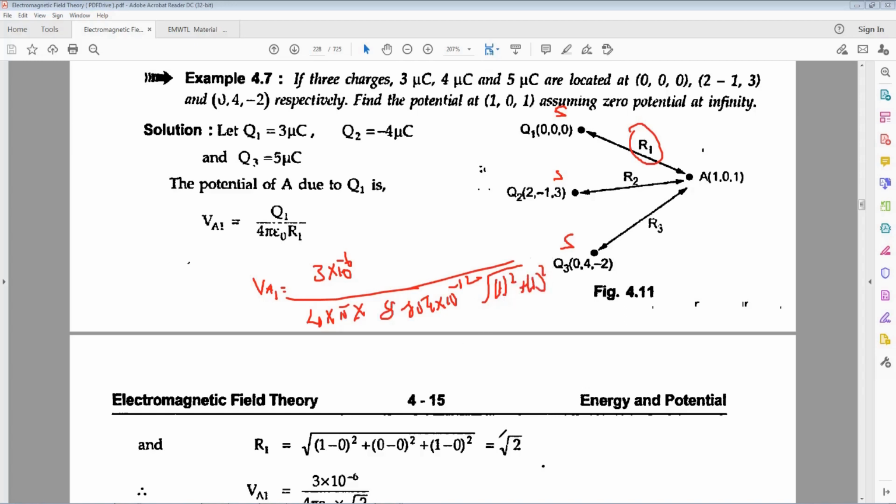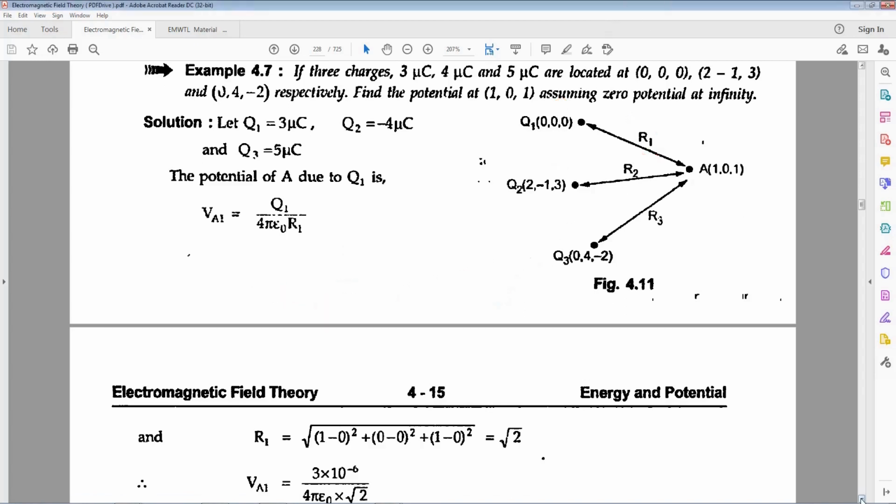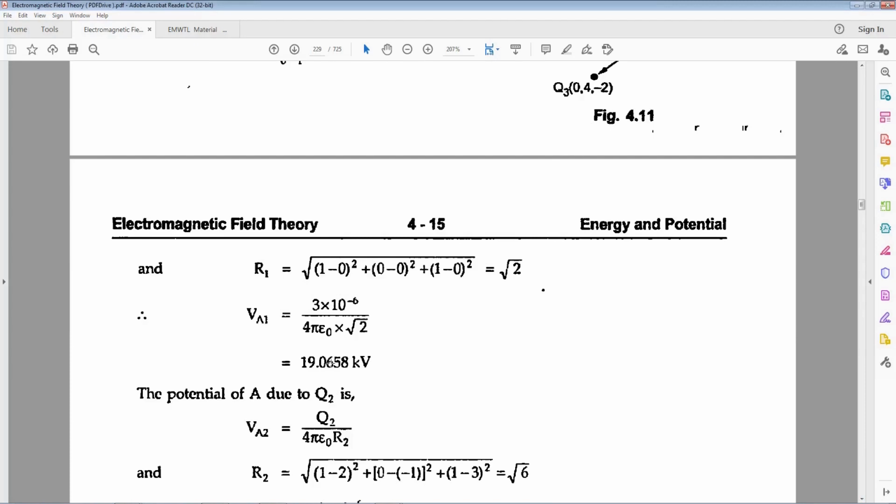It is the square root of 2. Got it, my students? Substitute the values and calculate VA1. VA1 is equal to 19.06 kV.